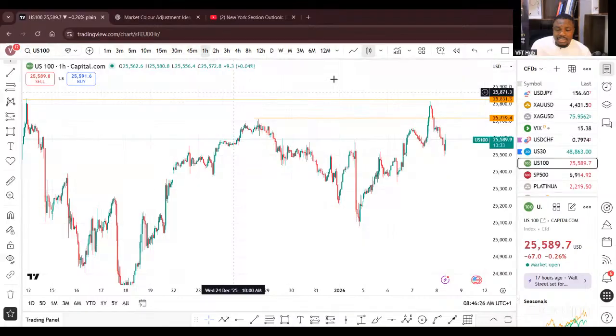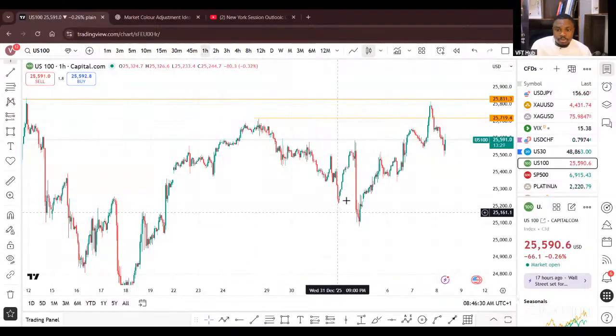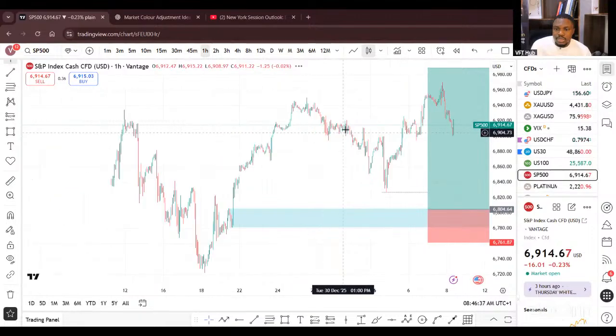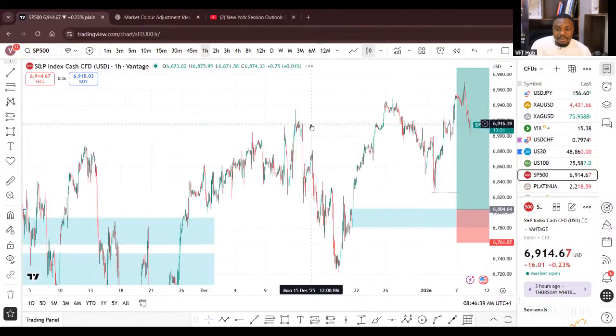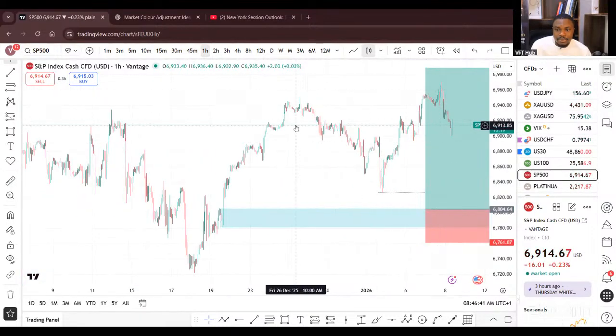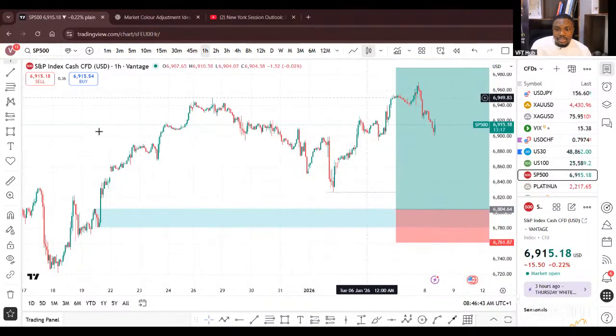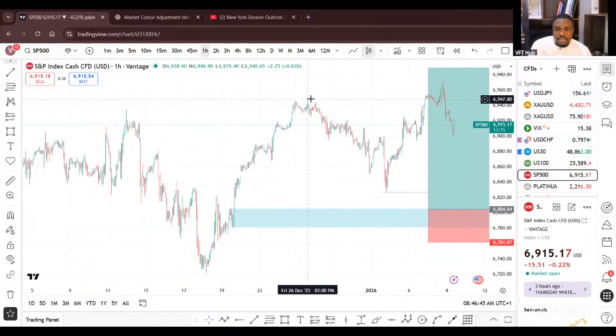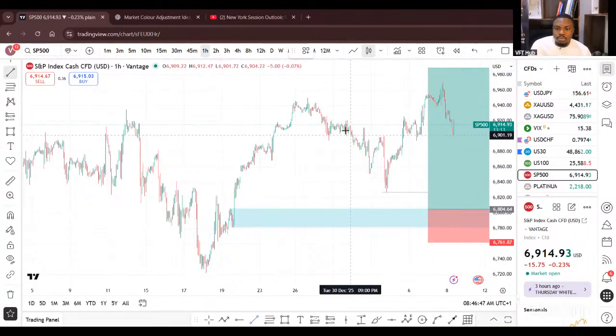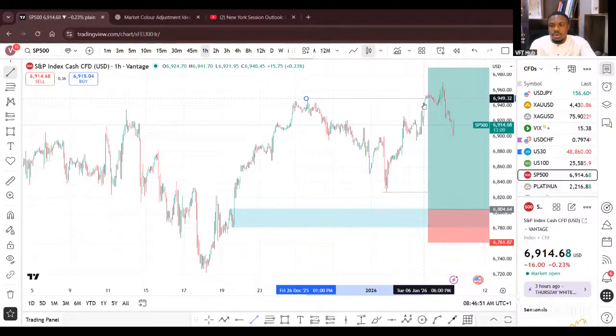On this NASDAQ and S&P 500, we have a form of setup which is to buy, but not from this level, because we are looking at price doing a form of liquidity sweep, which has happened now. We've seen it happen already. Price has already taken out this high, so it's valid for us to see the sell come in.